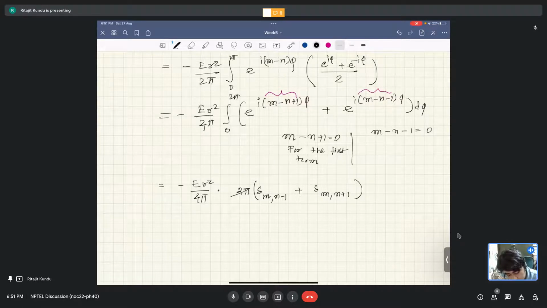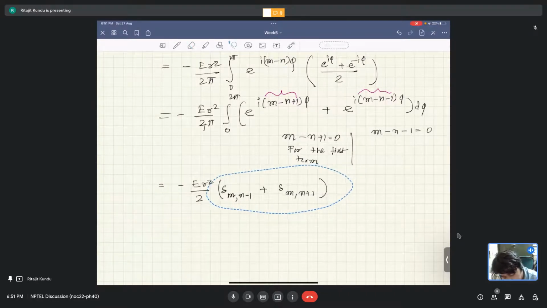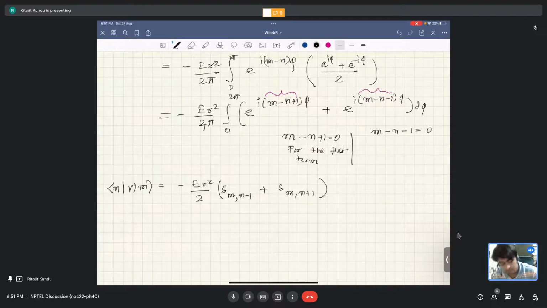So this 2 and this cancels, so this becomes 2. Now this is your whole answer for the matrix elements in V M. Okay, so now you see that we have not assumed what these m and n are. So m and n can be any integers, any states of the system.